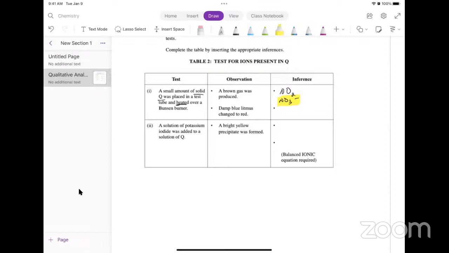That means it's an acidic gas. And if I remember chemistry well, under acid rain, nitrogen dioxide with water will react to form nitric acid, which therefore means our answer is correct.